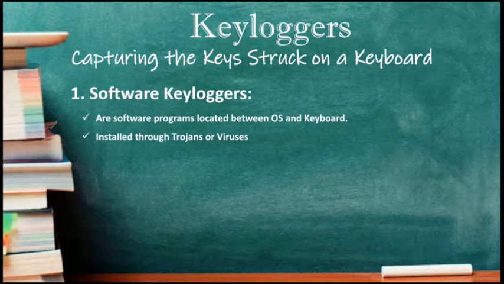A keylogger usually consists of two files that get installed in the same directory: a dynamic link library, that is a DLL file, and an executable file, that is an exe file, that installs the DLL file and triggers it to work. The DLL does all the recording of keystrokes.